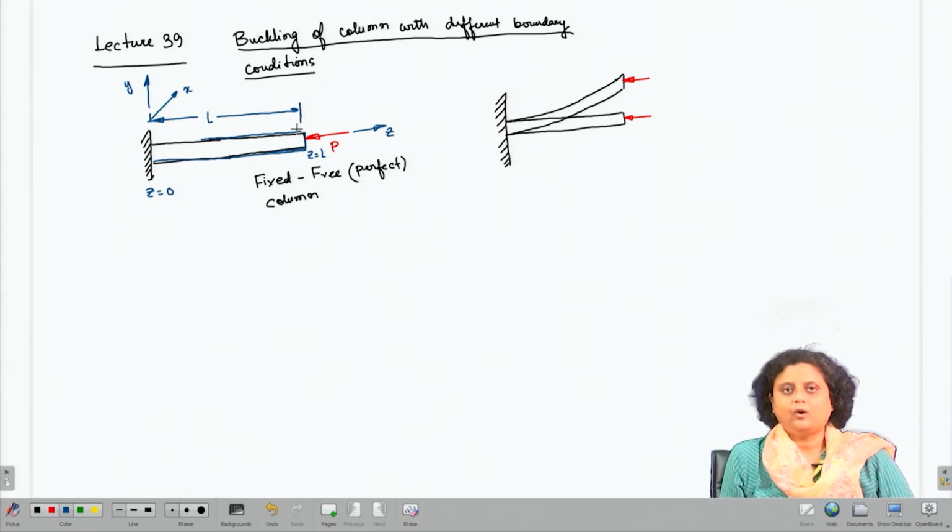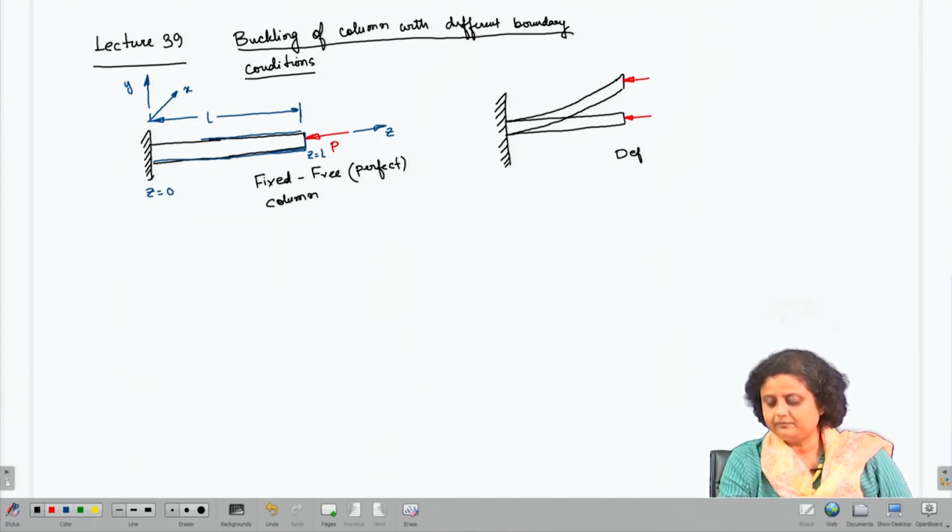Now, we can all imagine that if such an axial compressive load P acts on the column and if P is greater than or equal to P critical, then it is going to get deformed or buckled, as has been shown in this configuration. So, this is the deformed or buckled configuration.